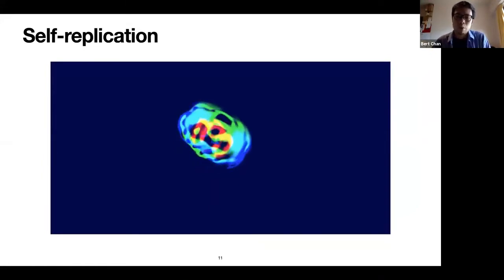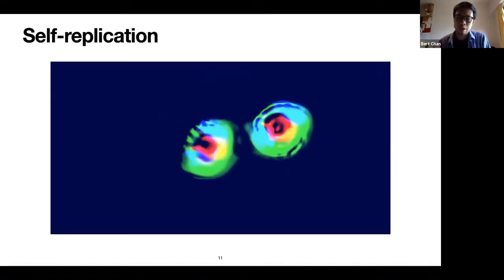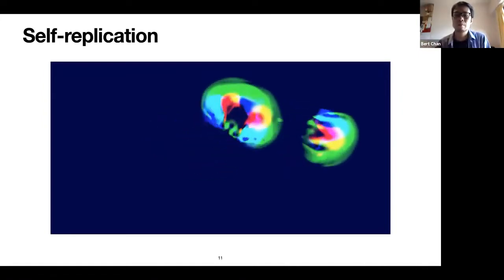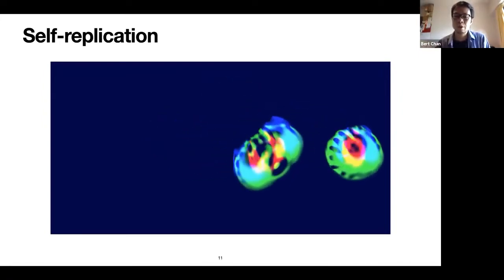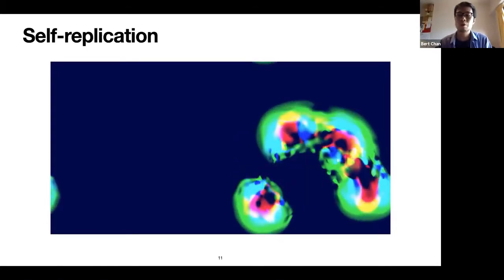This is one example of self-replication. These cell-like creatures just do a binary fission into two copies, and it will continue to reproduce.